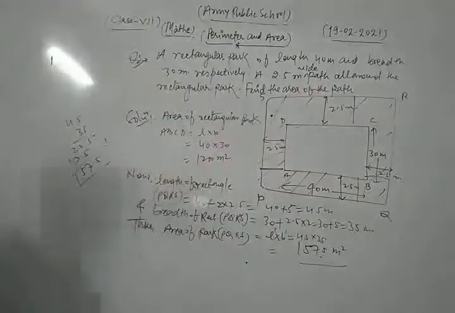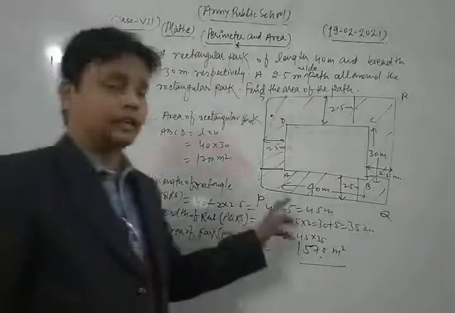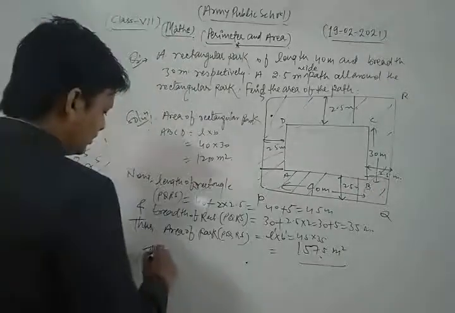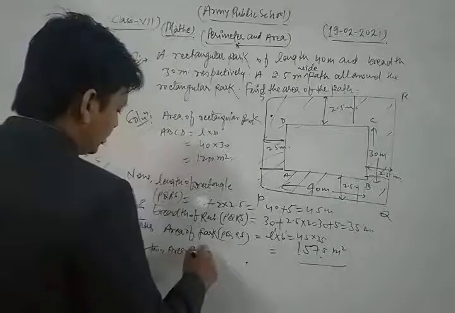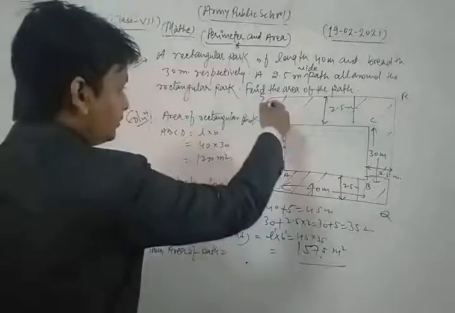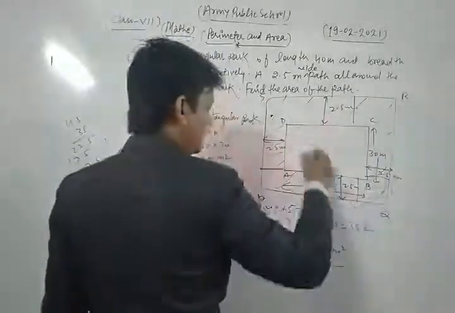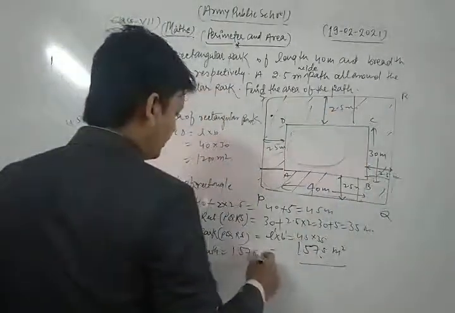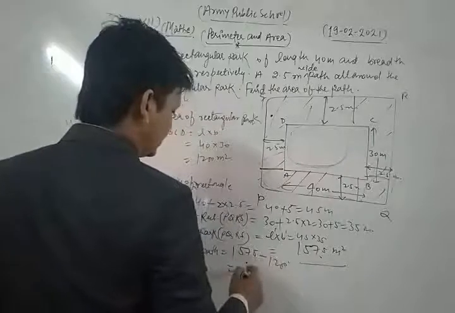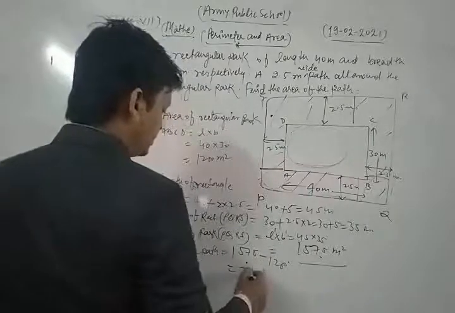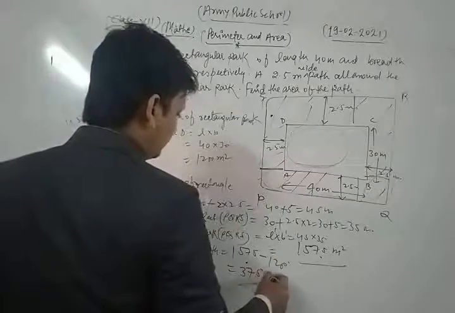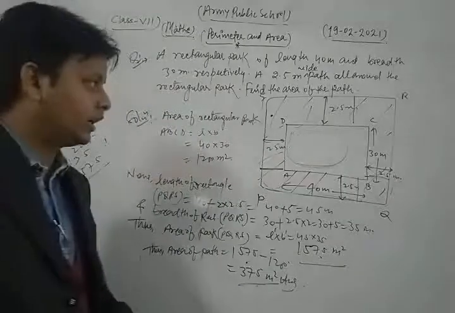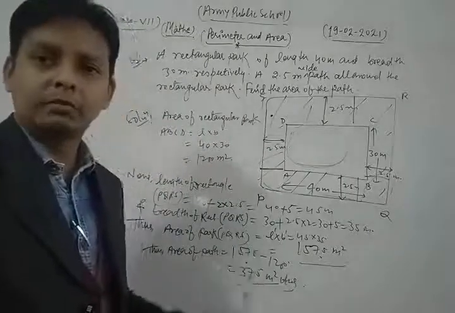This is the area of the rectangle PQRS. Now we find the area of the path. Thus the area of the path is obtained by subtracting that area from that area. We get 1575 minus 1200, that is 375 meter square. This is the required area of the path, dear students.